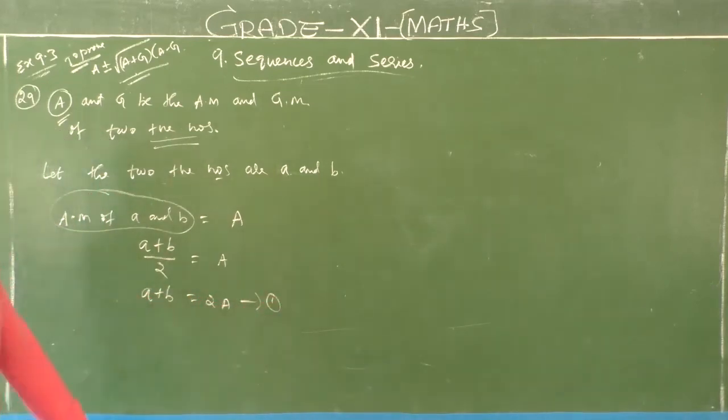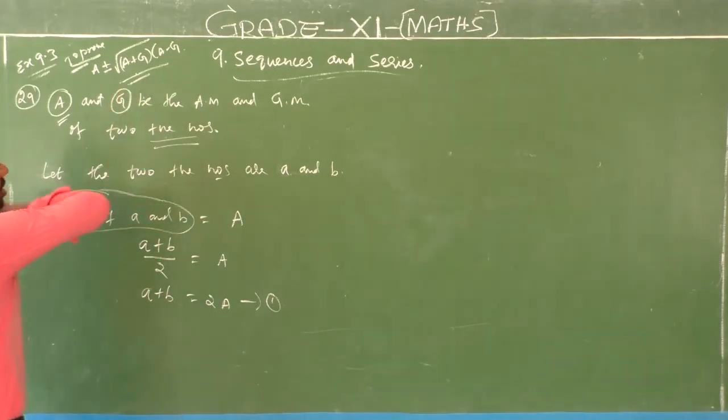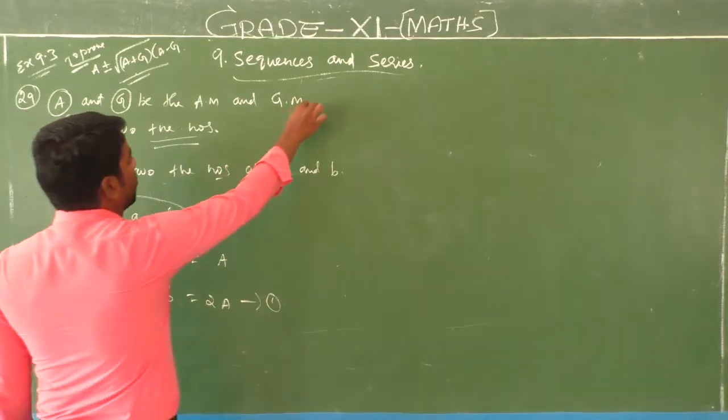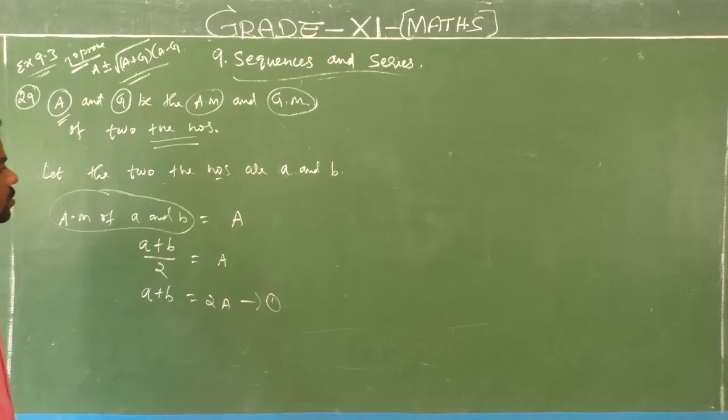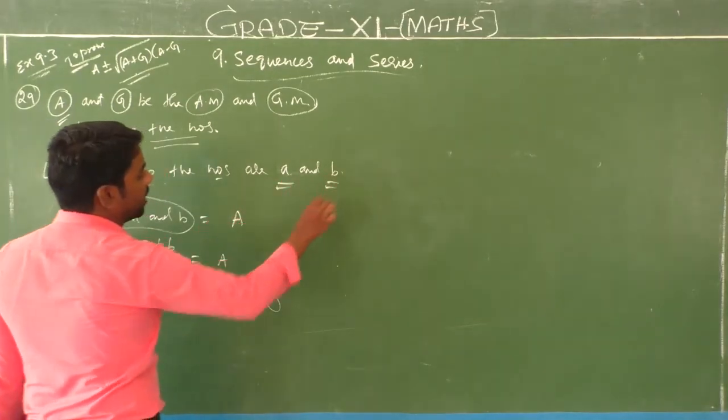The second piece of information is that capital G is the geometric mean of the two positive numbers, here a and b.